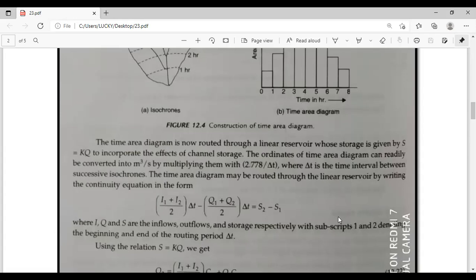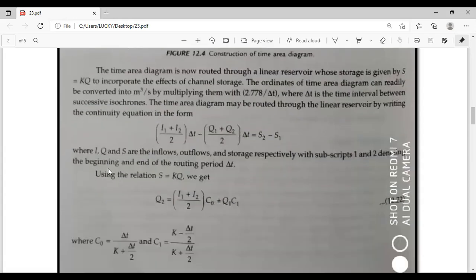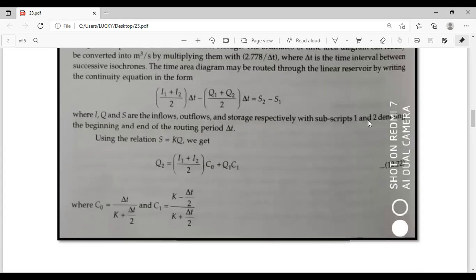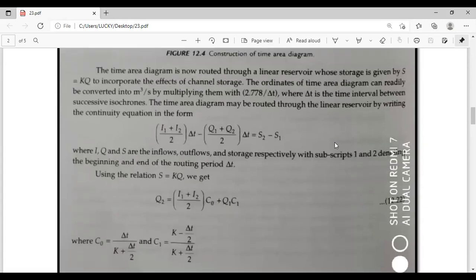So guys, the equation is in the form (I1 + I2)/2 times delta t minus (Q1 + Q2)/2 times delta t equals S2 minus S1, where I, Q and S are the inflow, outflow and storage respectively, with the subscripts 1 and 2 denoting the beginning and end of the routing period delta t.